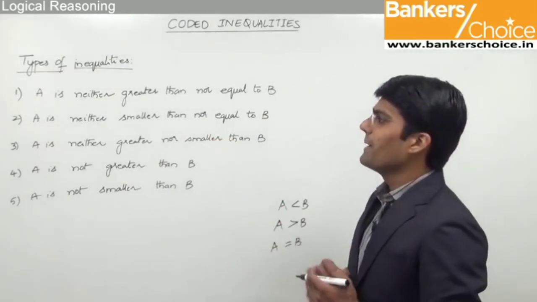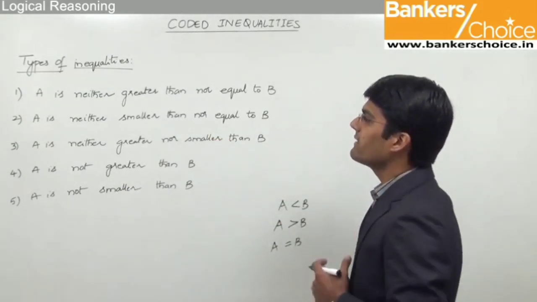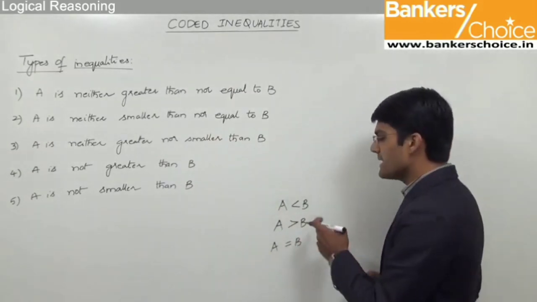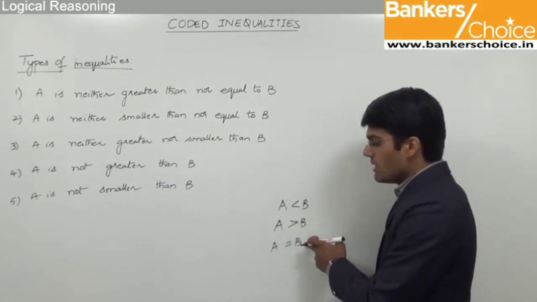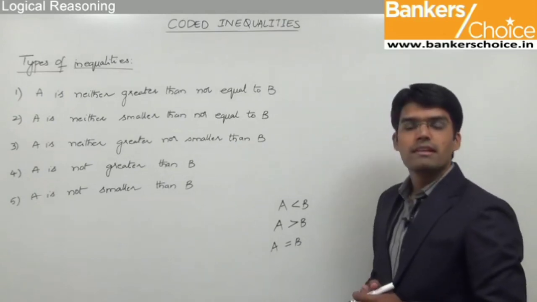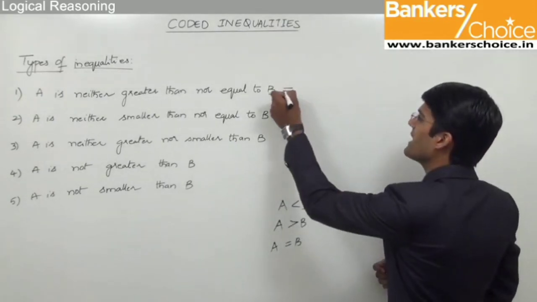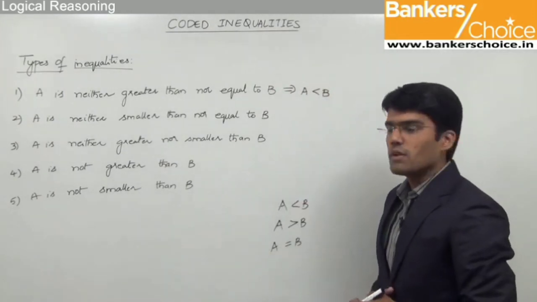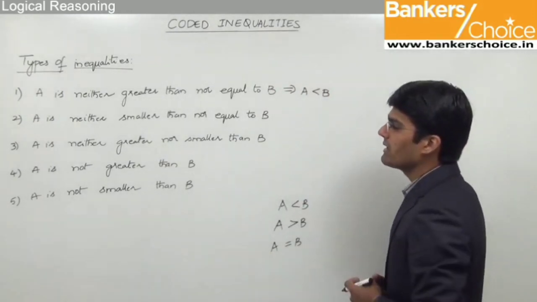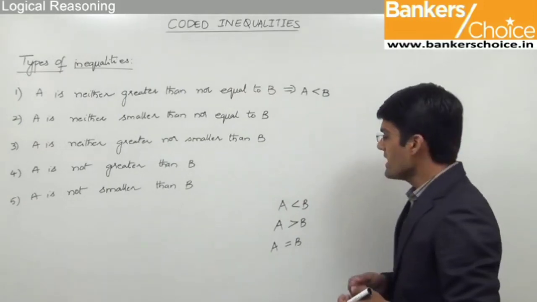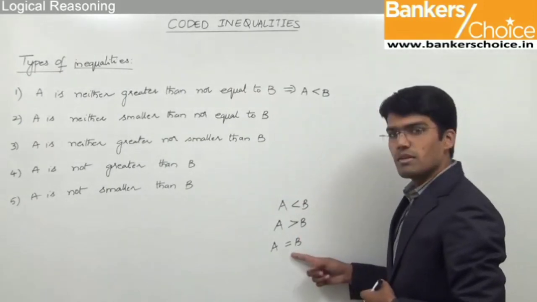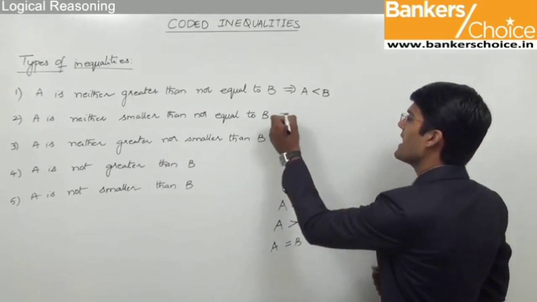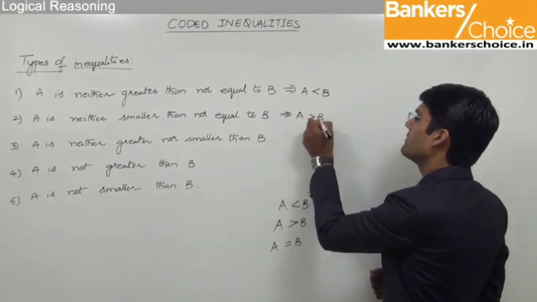If you look at the first statement, it says A is neither greater than nor equal to B. So the only possibility is A should be less than B. Now the second one says A is neither smaller than nor equal to B. So the only left out possibility is A should be greater than B.